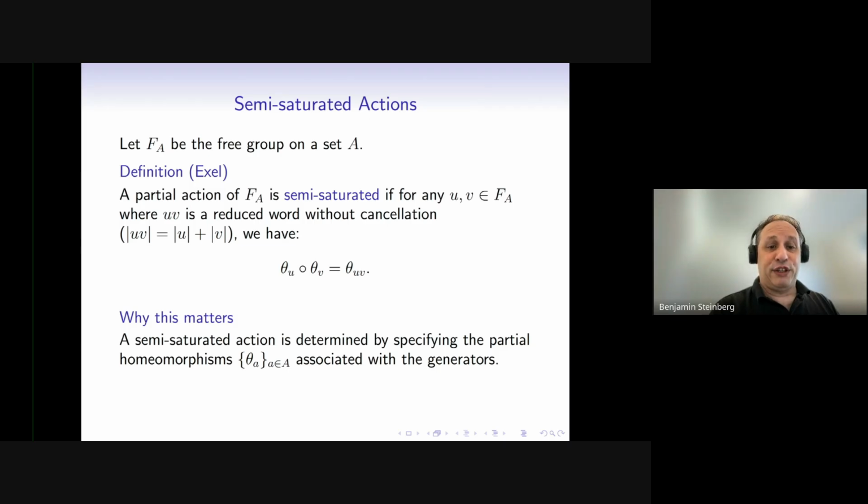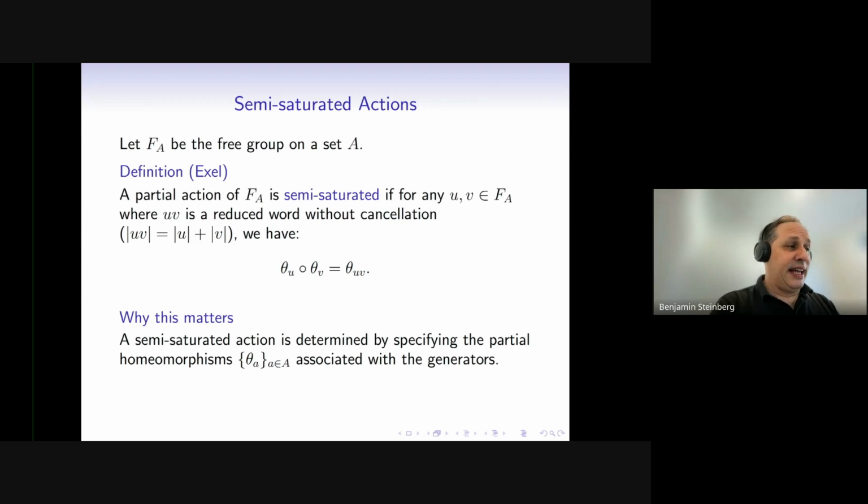General partial actions of free groups are not determined by what the generators do. They can be ugly. But if you put this extra semi-saturated condition, which most examples in practice have, then all you have to do to specify the partial action is tell me what the generators do. And we're going to take advantage of that because that means we can define these kinds of actions very easily.